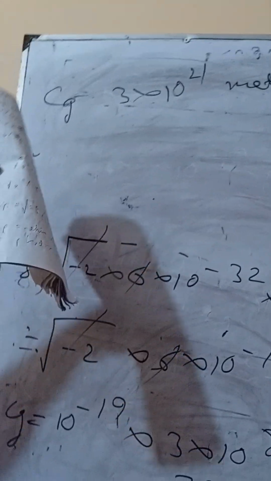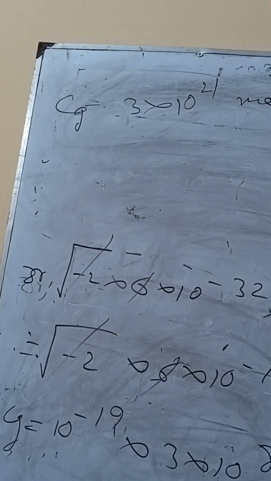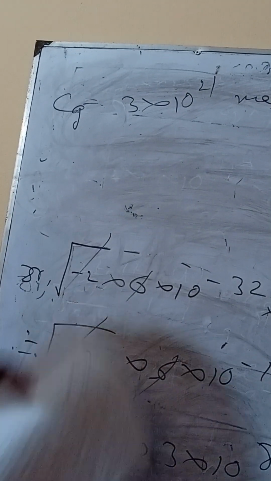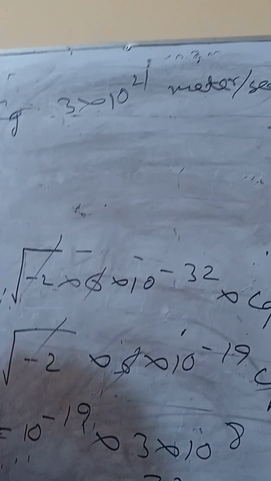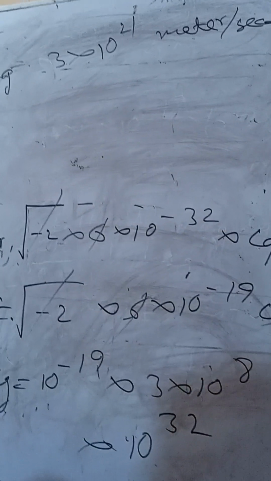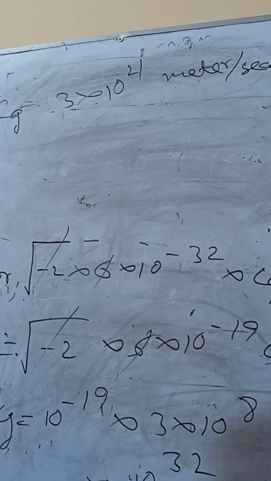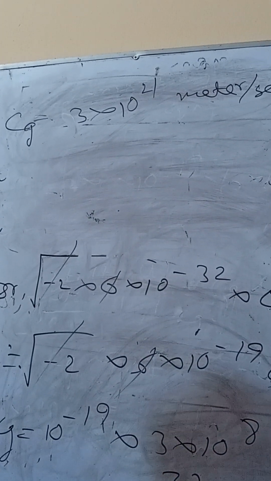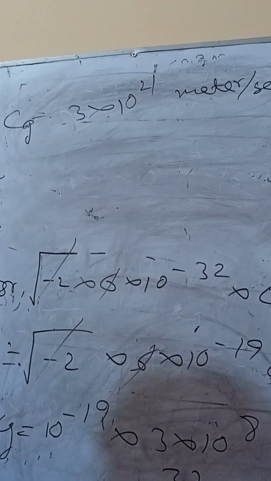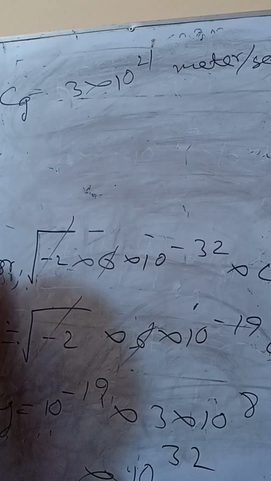The graviton particle velocity 3 into 10 to the 21 meter per second approximately is much faster than photon particle. Albert Einstein's main mistake, simple mistake, was he calculated general relativity theory by photon particle. But I have to calculate the general relativity theory by graviton particles.